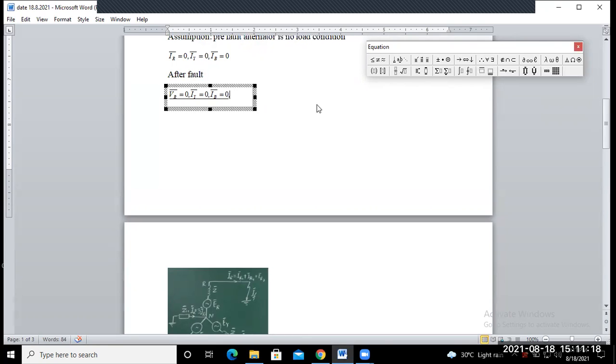What is the value of phase current IR? That is equal to IF. So phase current IR equals IF.